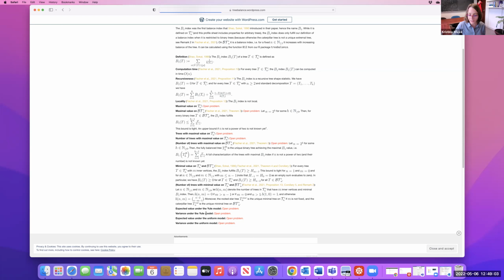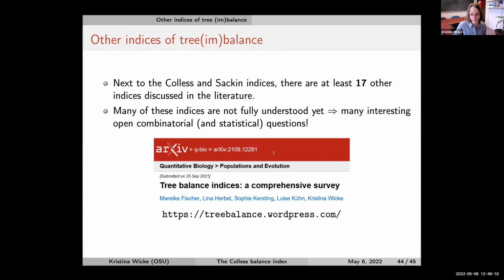There are many things still to do in this regard. So, going back to this slide now, the general message here is if you're interested in these kinds of questions, there's a lot more to do.